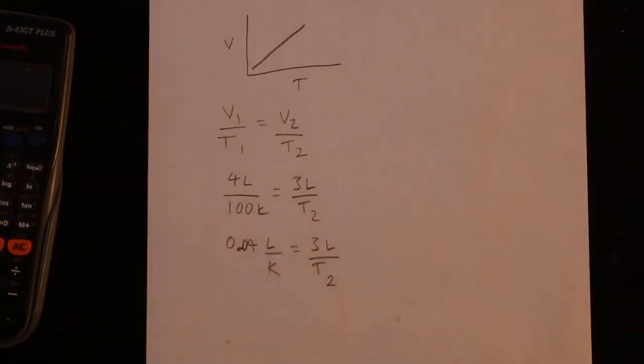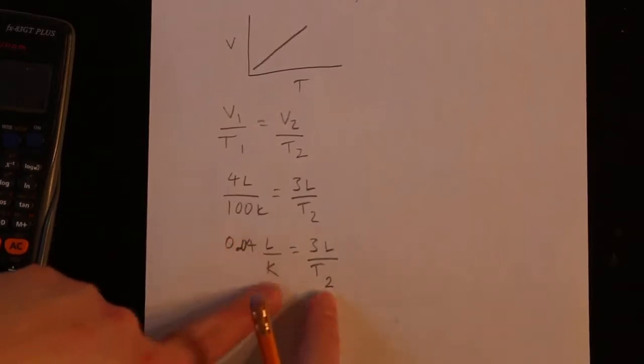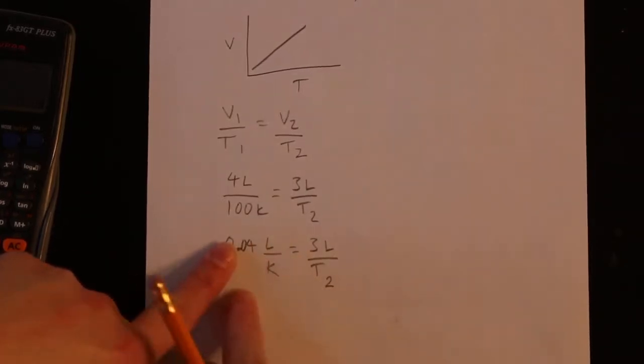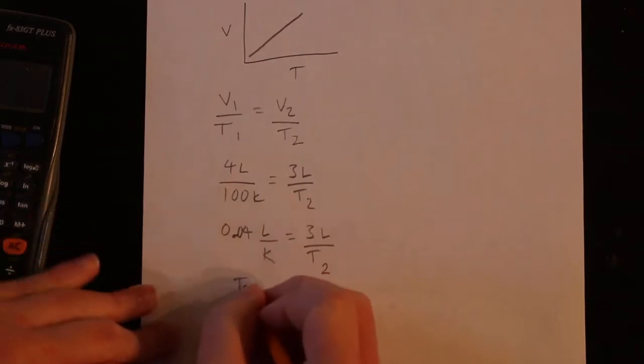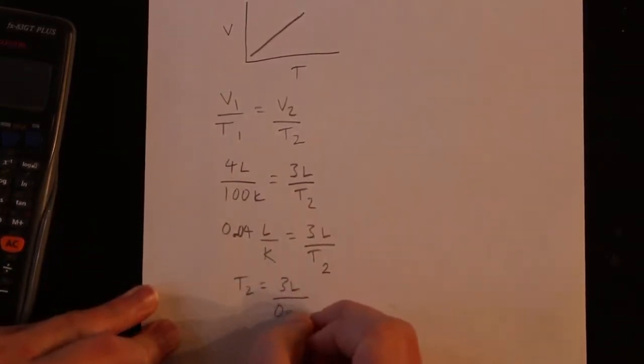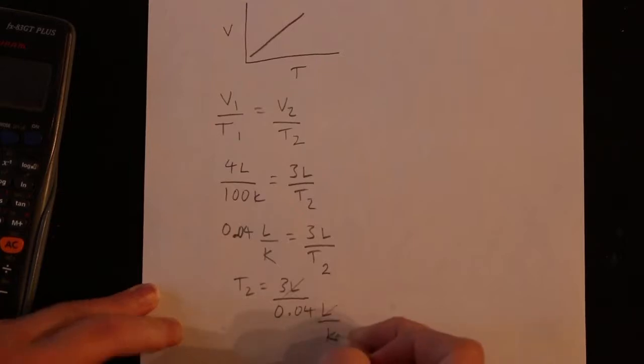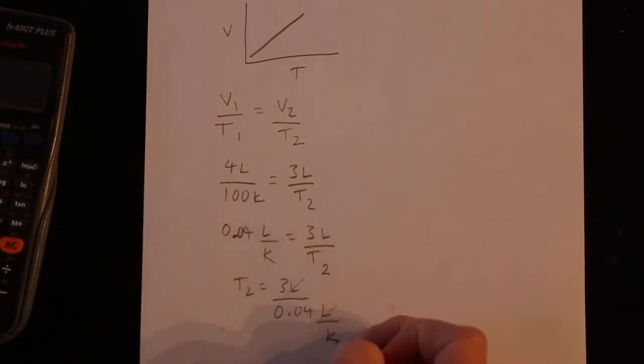So to get T2 by itself, you can just think about T2 and this entire thing on the left hand side switching places. So that would be T2 equals 3 L divided by 0.04 liters over Kelvin. And just like that, the liters cancel. And since Kelvin is in the denominator here, it's going to flip up to the top.